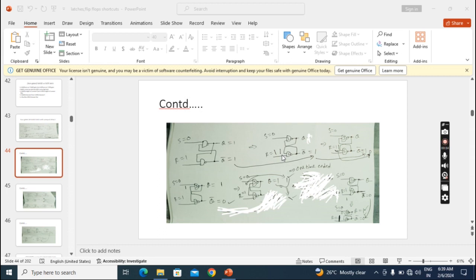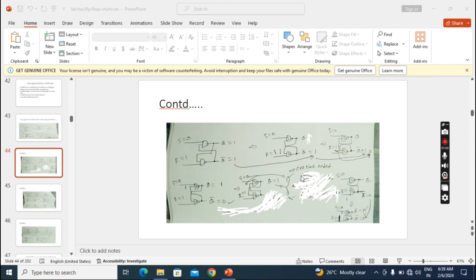So what will I get? I will get 0. But Q bar 1 already existed here, so this existing output and the new output I got are now two outputs. First I have to feed back the existing output 1 to this gate. Now if any one input is 0, I will get 1.